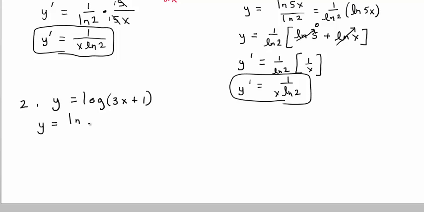So natural log, quantity 3x plus 1, divided by natural log of base 10. Remember, in the absence of a base, it's 10. I'll probably rewrite it. Now I'm ready for the derivative.